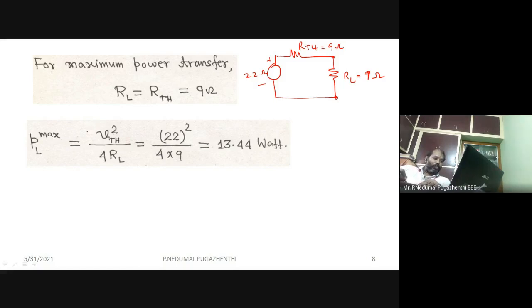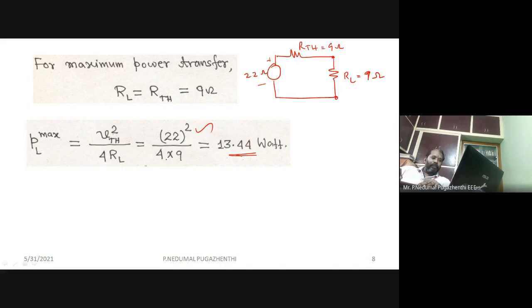So I substitute that in my maximum power formula. VThevenin squared, 22 squared, divided by 4 into RThevenin, which is equal to RL, which is 9, so 4 into 9 is 36. If I find the value of 22 squared divided by 36, I will get 13.44 watts. Kindly check this value.